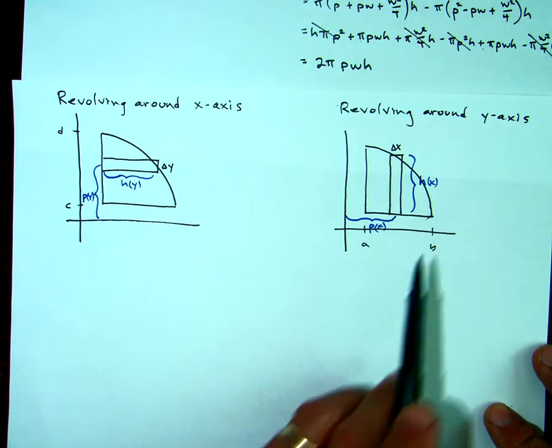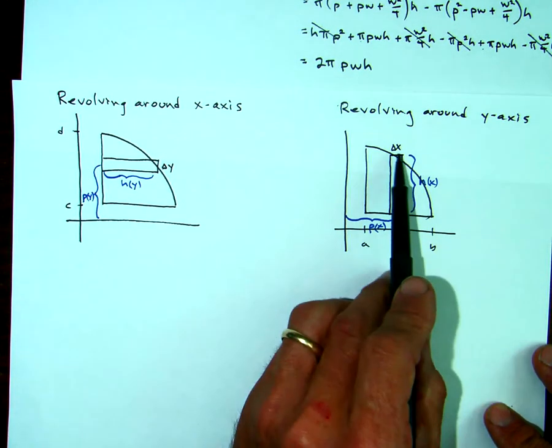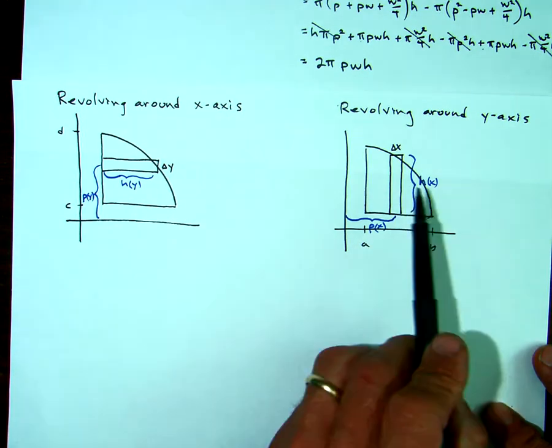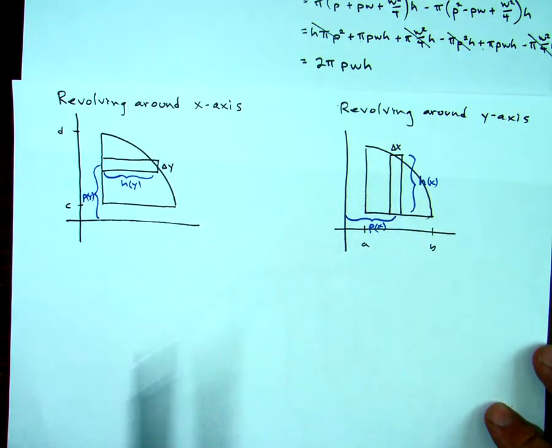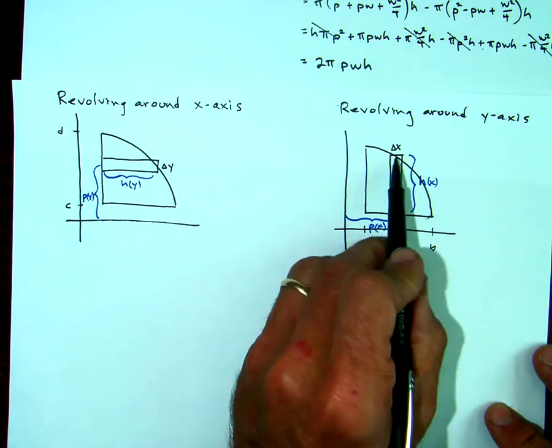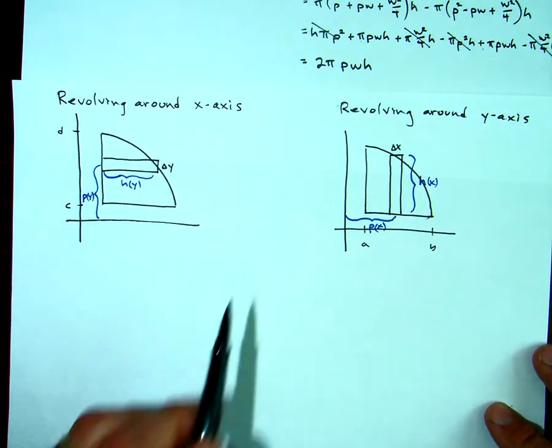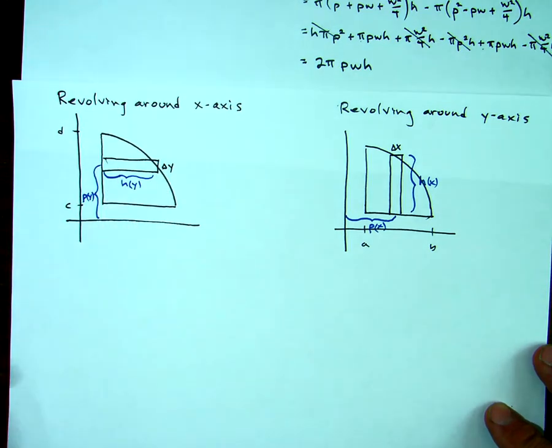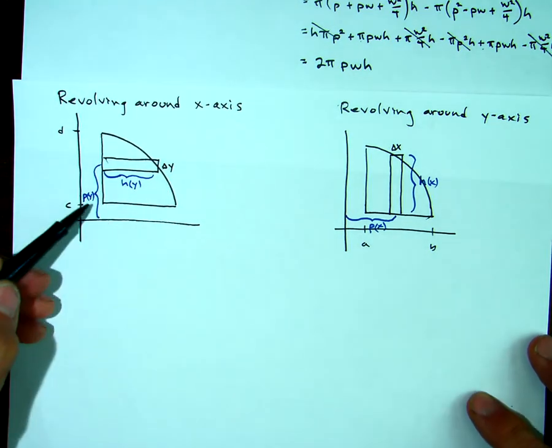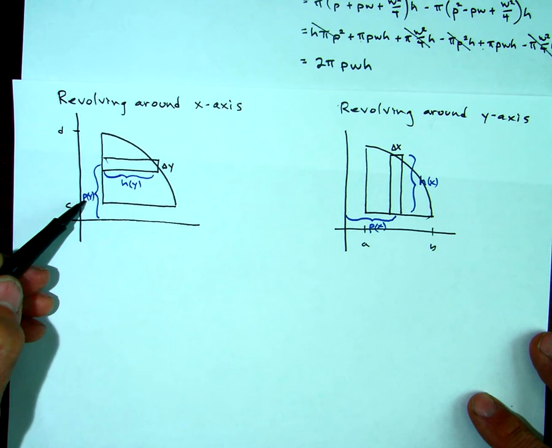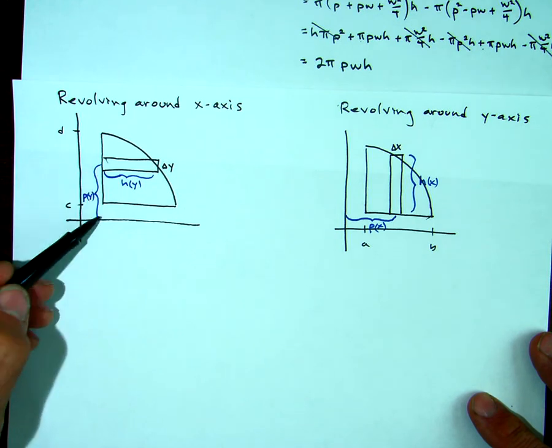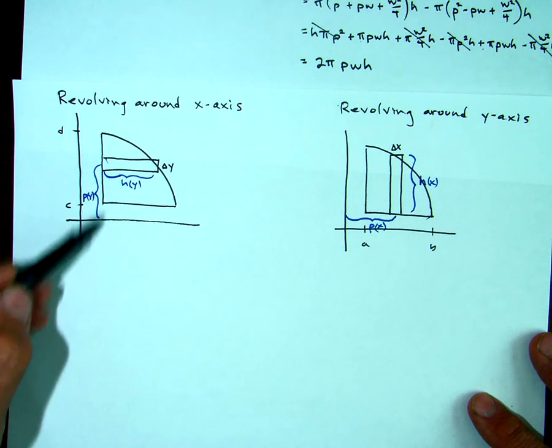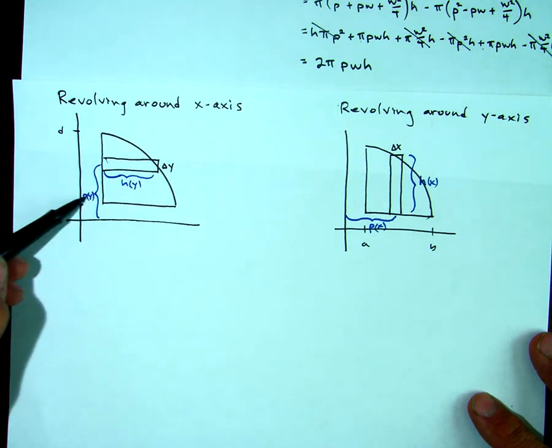So maybe there could be an axis out here and we're going to revolve around that, but we set this up the same way. So again, whatever your area is that you're revolving, I would suggest drawing in your little rectangle and labeling these. So the P is now going to be P of y in the sense that this distance from the x-axis to the middle of our rectangle is going to be a vertical distance, so it's going to be in terms of y.